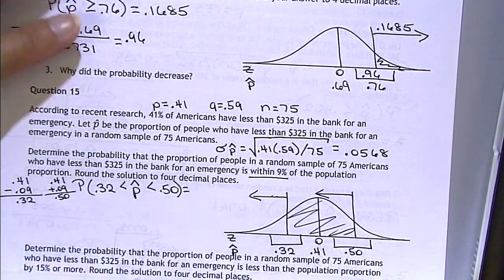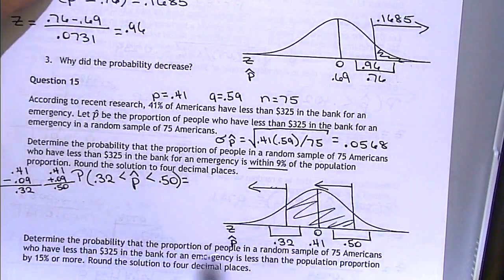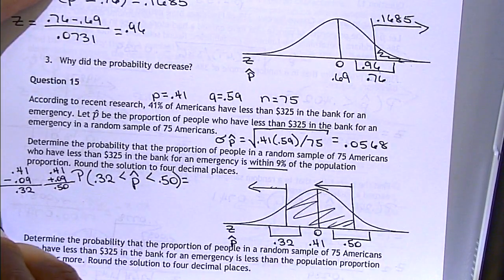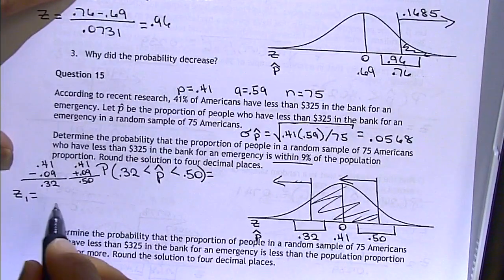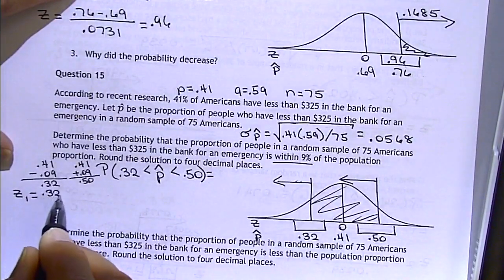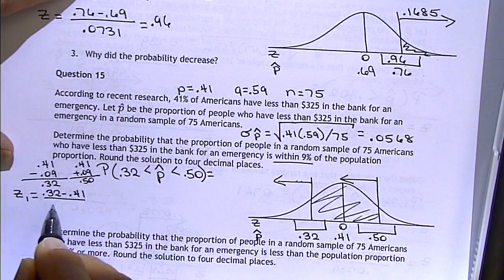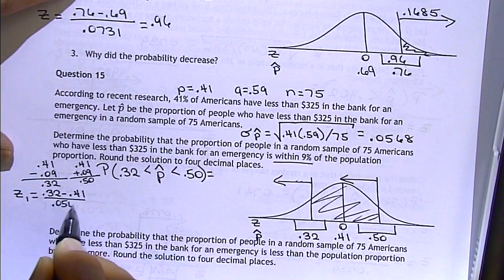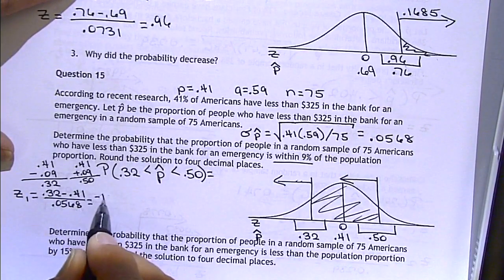I have two z-scores to calculate, but now it's a piece of cake, right? You've done this before. We've already calculated our standard deviation. I'll come over here and say z1 is equal to 0.32 minus 0.41 divided by, what's that standard deviation? 0.0568. There you go. And I get a negative 1.58.